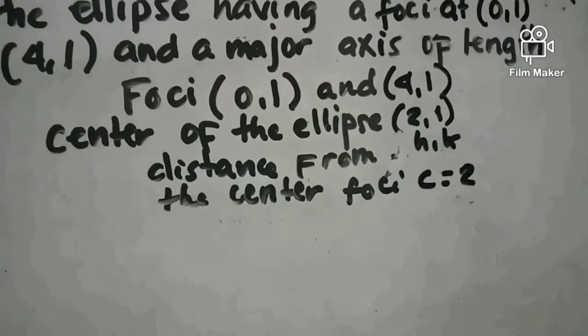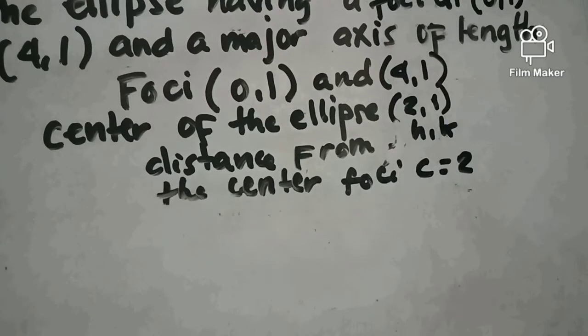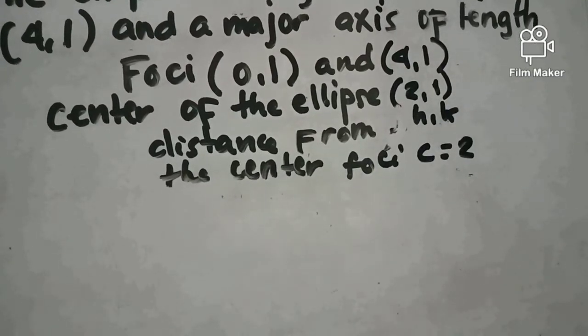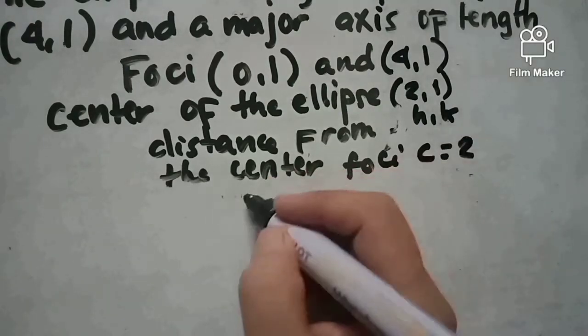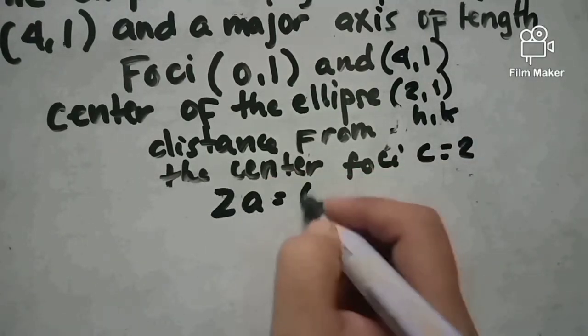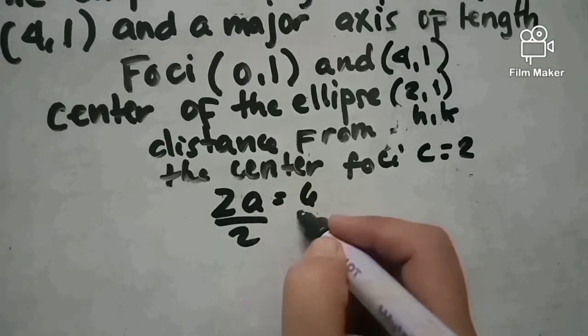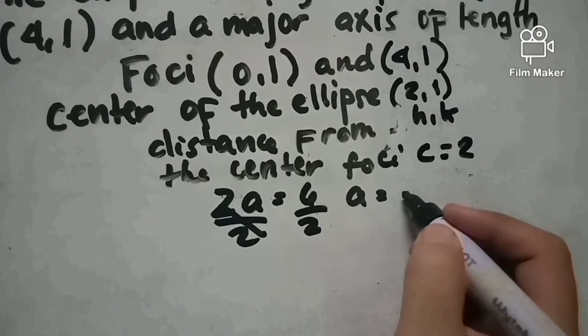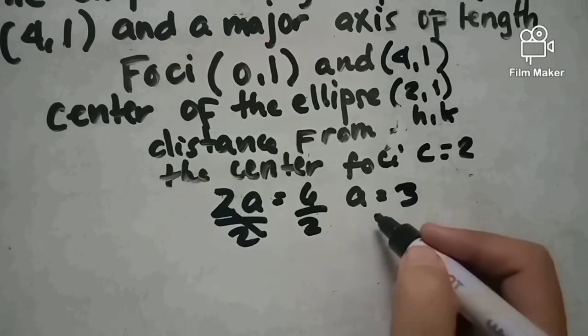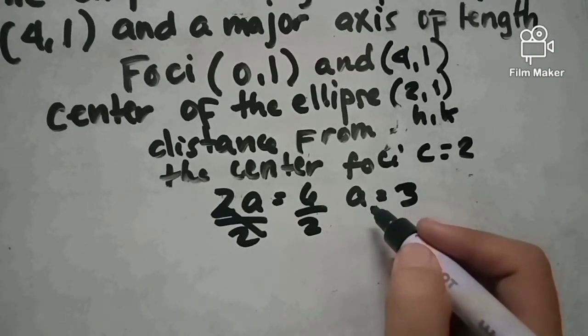Then, paano natin mag-solve? So we know meron tayo tinatawag na 2A. So, 2A equals 6, divided by 2, and then A is equal to 3. So, meron na tayo A is equal to 3.